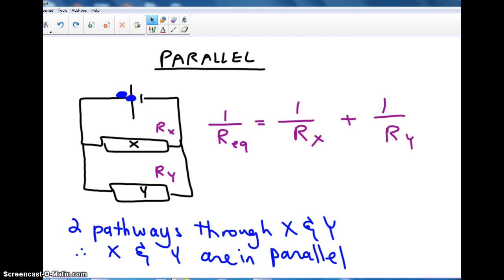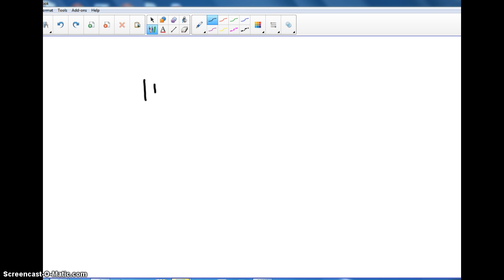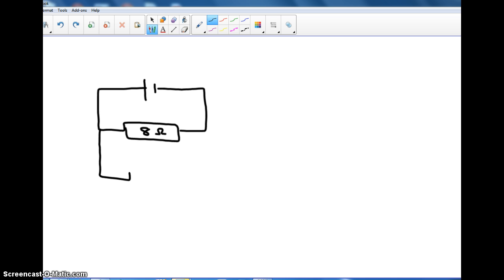Now this is a little different, so I want to show you an example. Let's imagine we have a resistor arrangement that looks like this. We have 8 ohms right here, and then we have 4 ohms down here. We want to know what's the equivalent resistance due to the two resistors together.